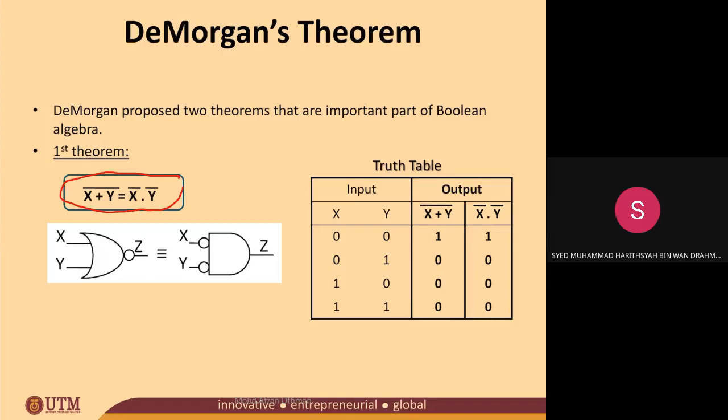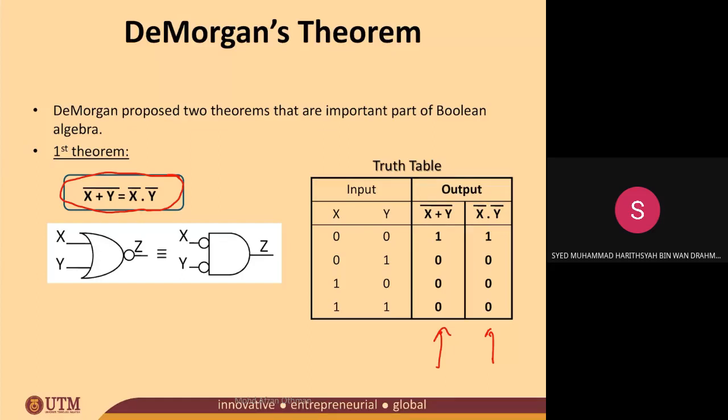Okay. So you can prove it using the truth table whether it is correct or not. So it seems here, if XY is 0, 0, then the output is 1. For the other cases, the output is 0.